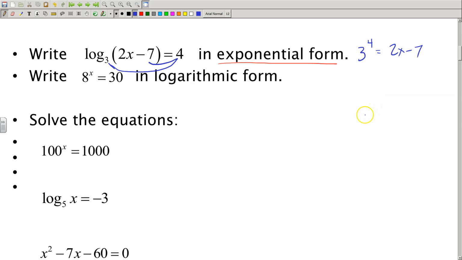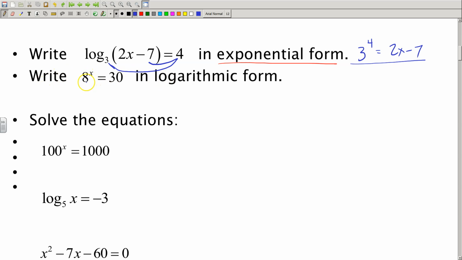That would be rewriting it in exponential form. Now notice too that this right here would allow us to easily solve for x. This is an equation we could solve for, and we know how to do just by adding and dividing. And so that's kind of a foreshadowing of what we're getting into today.